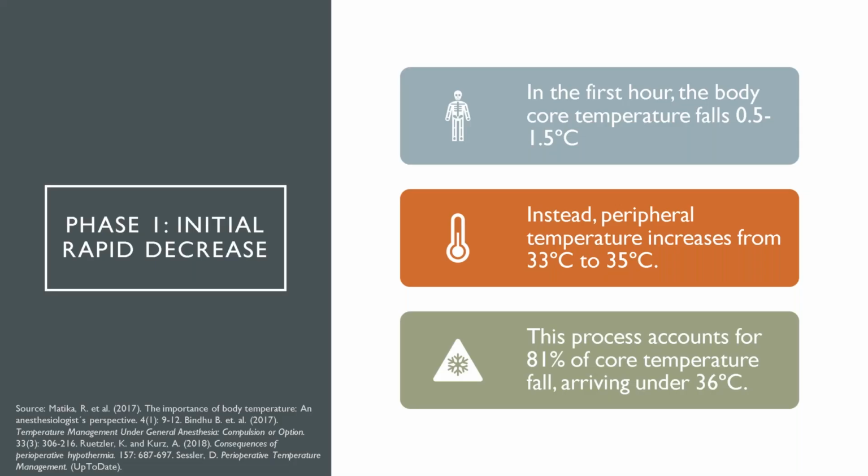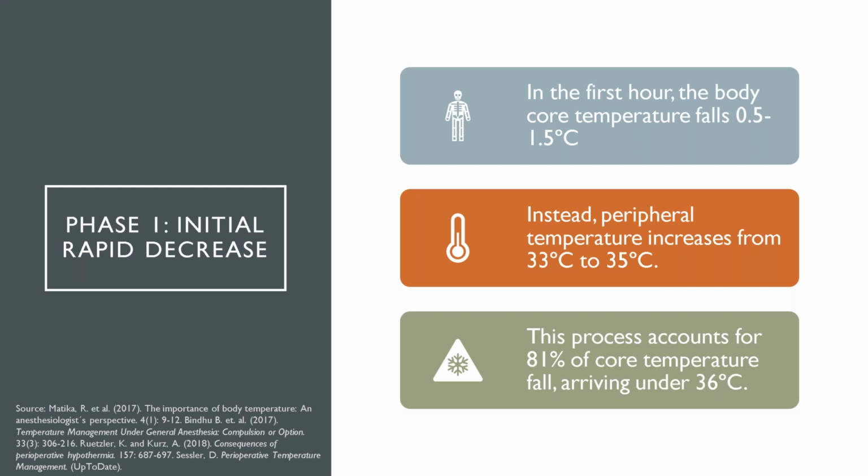I think it's perhaps very much underappreciated how much heat is lost within the first hour. Because I think the thinking is that if you're talking about very short or very minor cases, your heat loss, generally speaking, shouldn't be that much. That is not true. It actually is pretty significant.